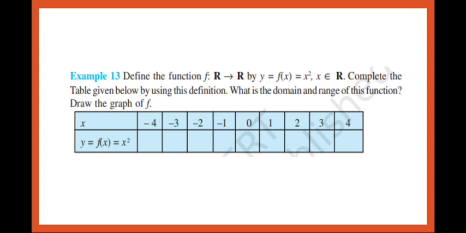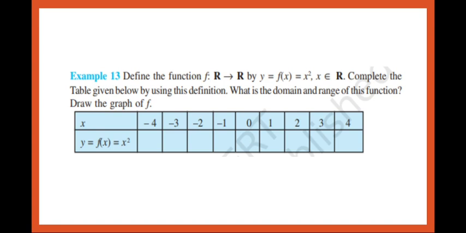Define the function f from real number to real number by y equal to f(x) is equal to x square. Compute the table, say what will be the domain and range of the function, and draw the graph. Okay, the function is given: f sends a number to its square. f(x) is equal to x square means f sends a number to its square.